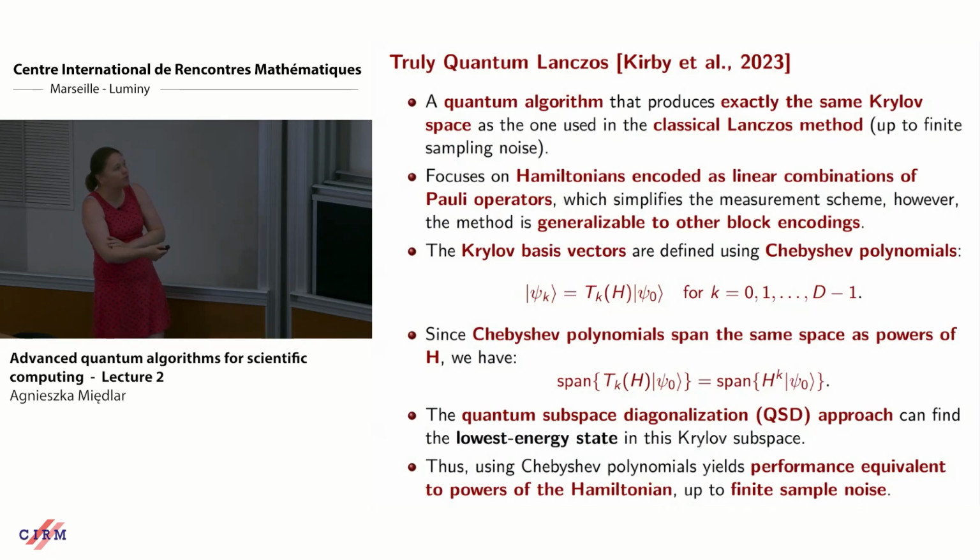The quantum subspace diagonalization, this whole projection idea, can be used to get the lowest energy. That's what we want. And the Chebyshev polynomials will, up to the sampling noise, give us equivalent performance.